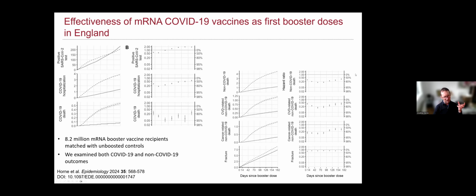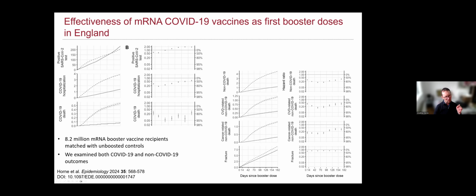And the other thing that we were careful to publish in this paper was to show that there are really surprising and implausible effects against non-COVID death generally. You can imagine that COVID-19 vaccination protects you against deaths, even though those deaths aren't classified as COVID. But I think it's hard to believe that efficacy against cancer-related non-COVID-19 death could possibly exceed 50% for 6 months after vaccination.